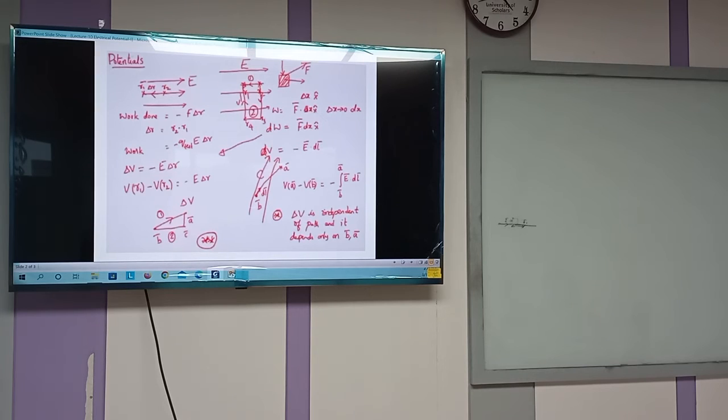If del x tends to 0, we can replace this del x by dx, and if we integrate that, we get the work done.